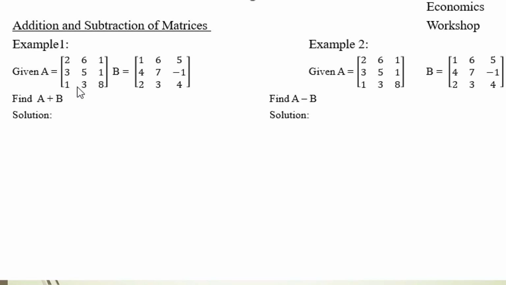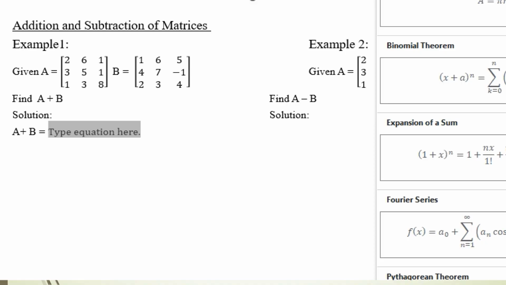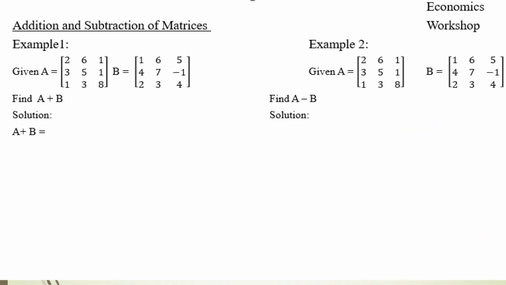So we have an example here. We have to find A plus B. To add these 2 matrices together, each element will be added to the corresponding element.